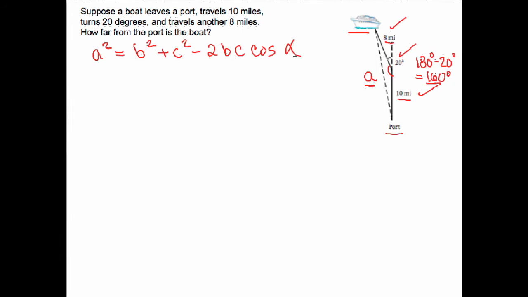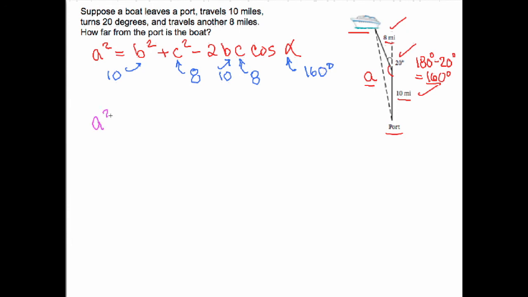So let's make the substitutions and see if we can solve for a. Since I'm looking for a, in place of one of the sides, I'll put a 10. In place of the other side, I'll put an 8. I'll do that in 2 locations in this formula. And the cosine of alpha, which is the angle opposite a, would be the cosine of 160 degrees. Do you see the formula forming?